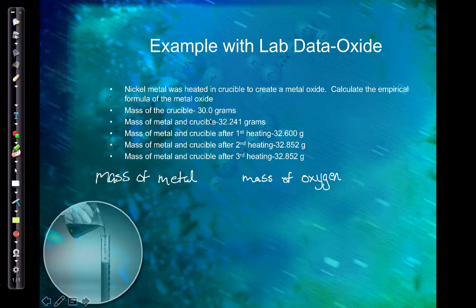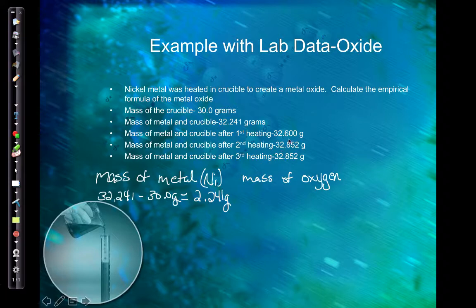If I subtract these first two values, I'll get the mass of the metal by itself. So that's going to give me 2.241 grams of nickel, because it did tell me what it was up here.